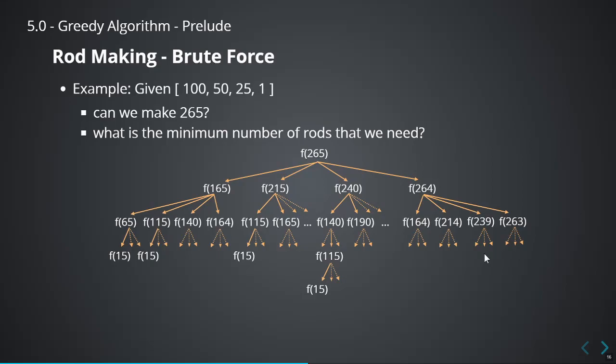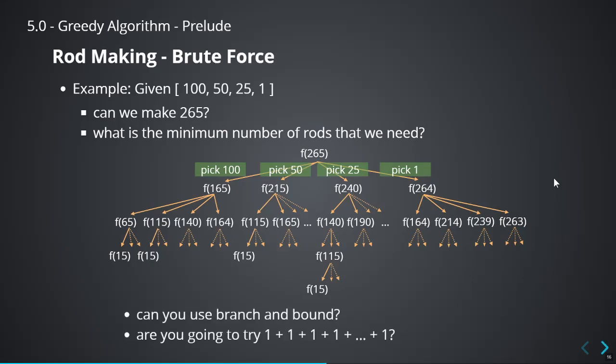If I pick 50, I have to do F(215), and so on. So this is a much better breakdown than what we had earlier with something like binary search. On every level, you pick 100, or 50, or 25, or 1.